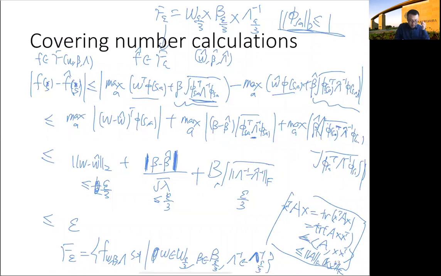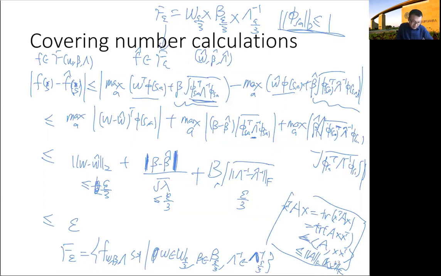In this way, whenever we have an f in the original space, then we can try to find the closest parameter pointwise within all these three categories, and then construct the one function within this discretized space.